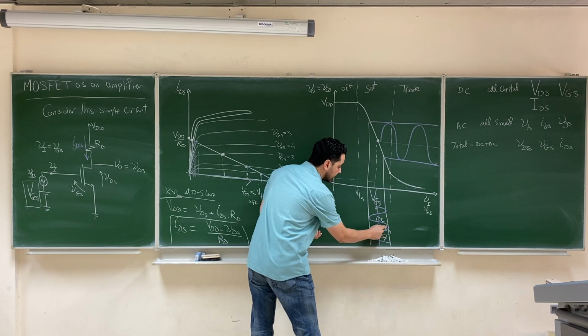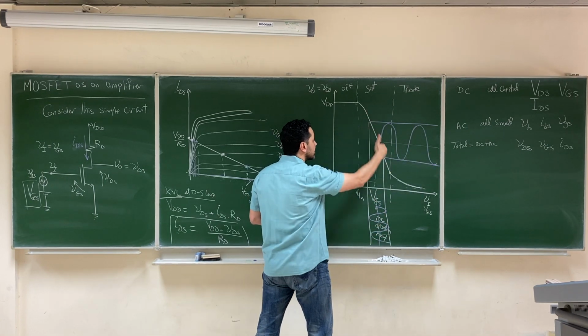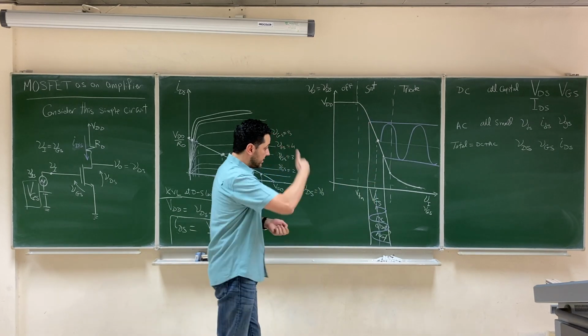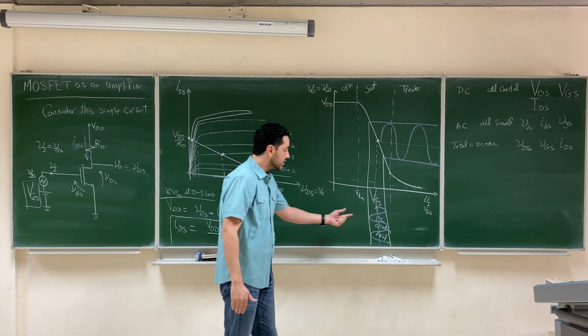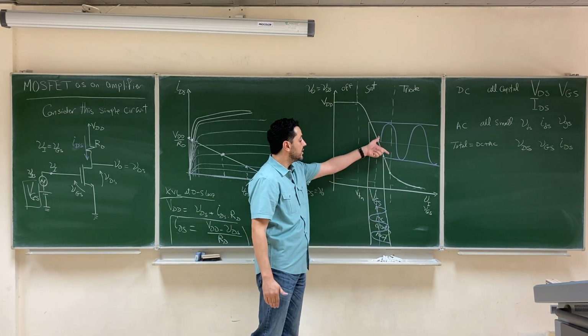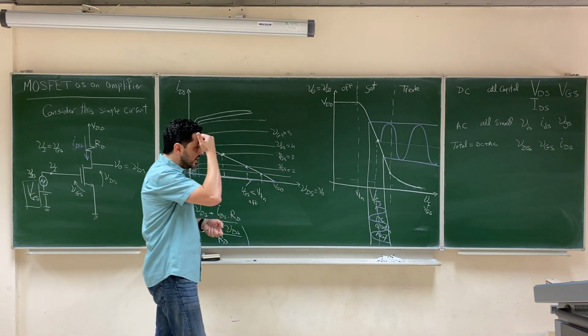Because you have an input as a small signal while the output became a large signal. This is because the slope of this line is steep, it has a high slope, and the small input will cause a large change in the output.